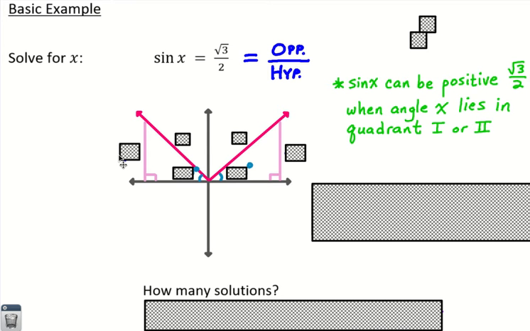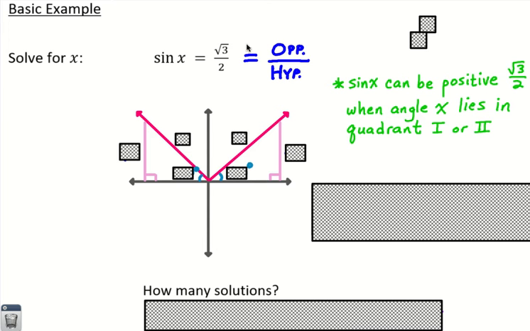So since the sine can be positive root 3 over 2 in these two quadrants, you draw these triangles in those quadrants. And having known the answer, like having the final answer of root 3 over 2, we can label the sides based on the fact that sine is equal to opposite over hypotenuse.